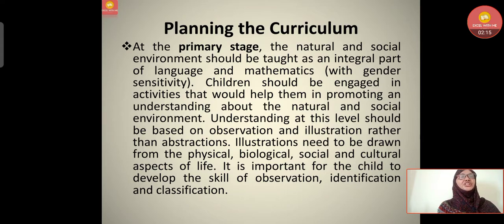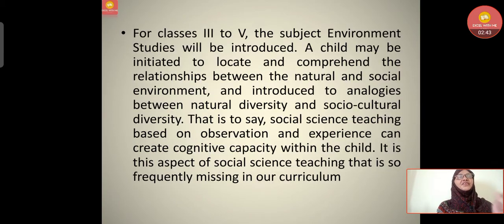Then illustrations need to be drawn from the physical, biological, social and cultural aspects of life. It is important for the child to develop the skill of observation, identification and classification. Obviously, at the primary stage, the children will not have the power of abstract thinking. They will understand through observation, identifying the things, differentiating and classifying them.